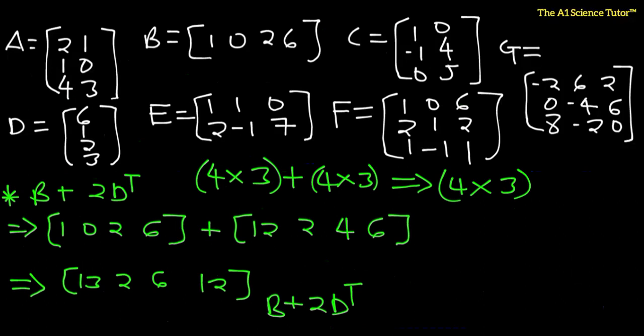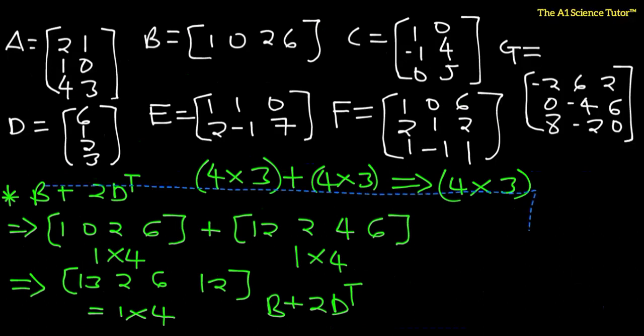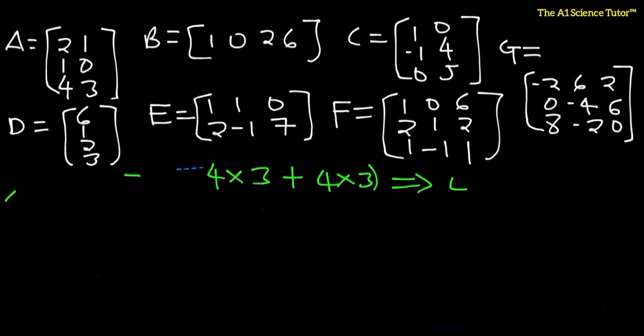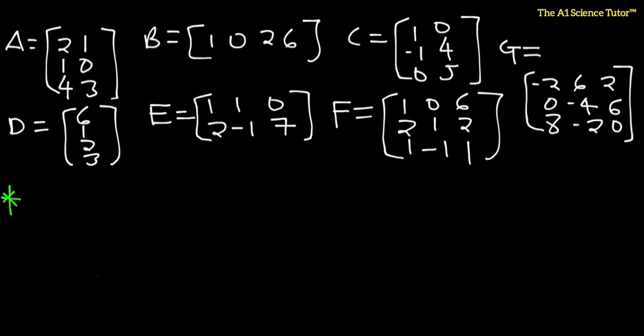And so here we have a 1 by 4 matrix added to a 1 by 4 matrix, and that obviously gives us a 1 by 4 matrix. So we are on track and we're correct. Now try this one.